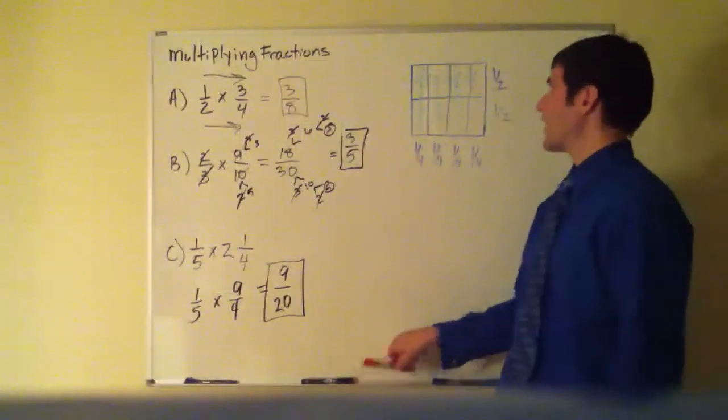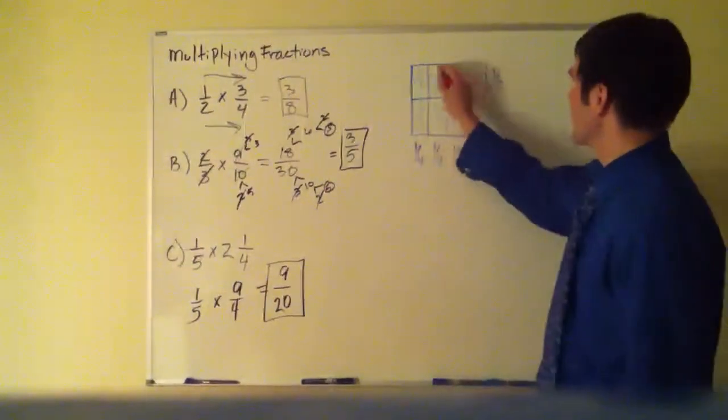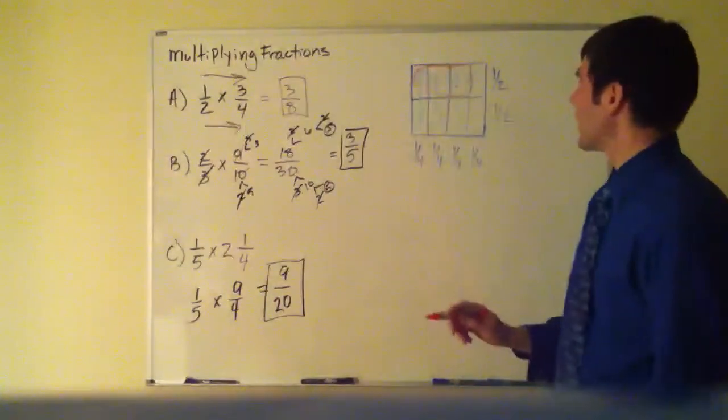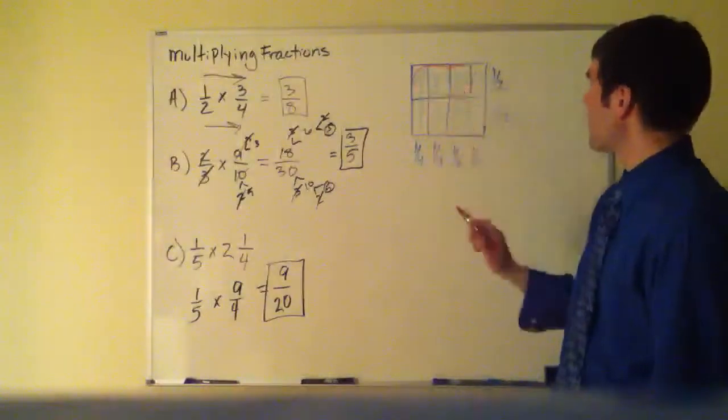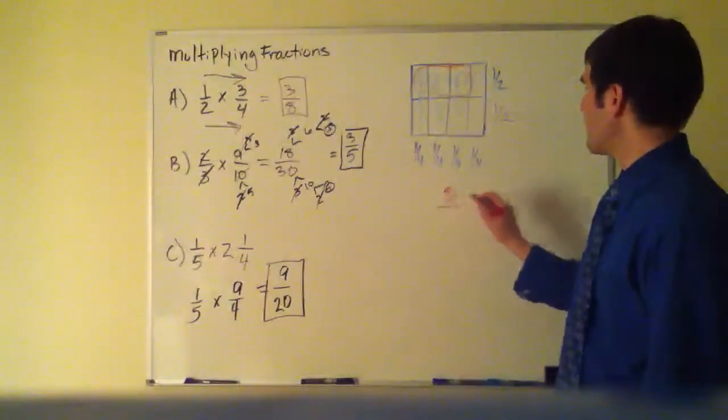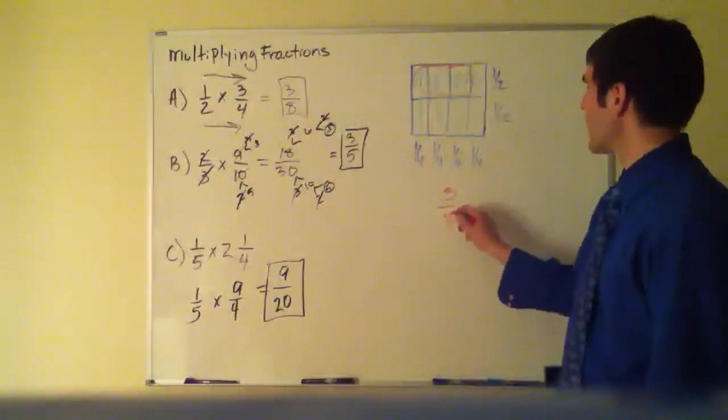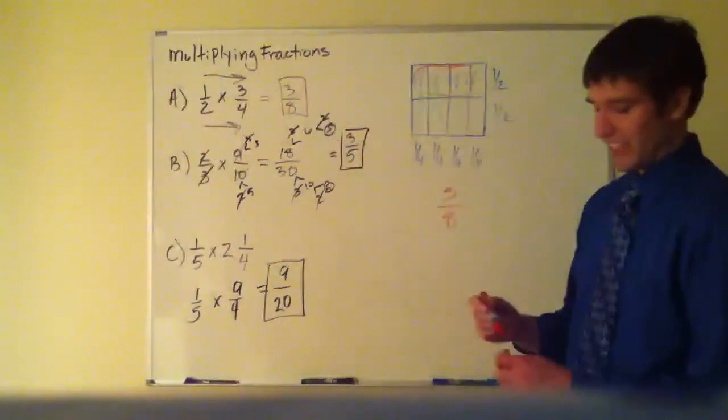When I'm multiplying, I want to see where they intersect. Right there. That gives me 3 of these small boxes. How many boxes are there total? Would you believe it? It's 8.